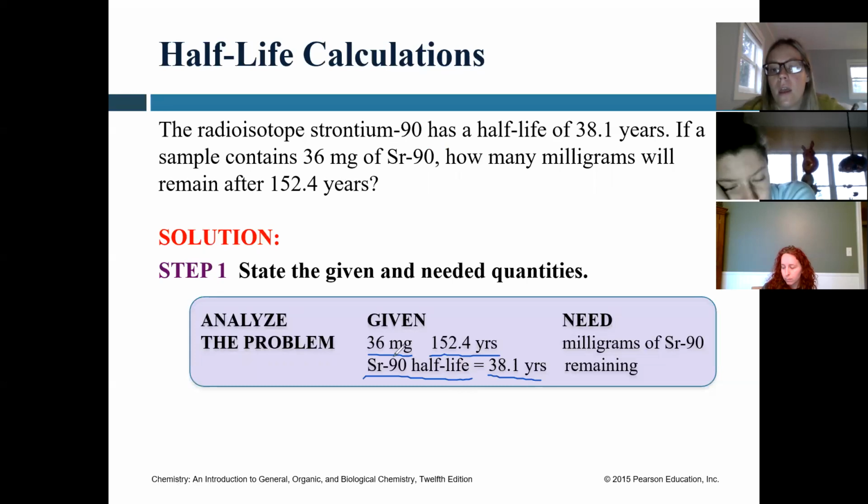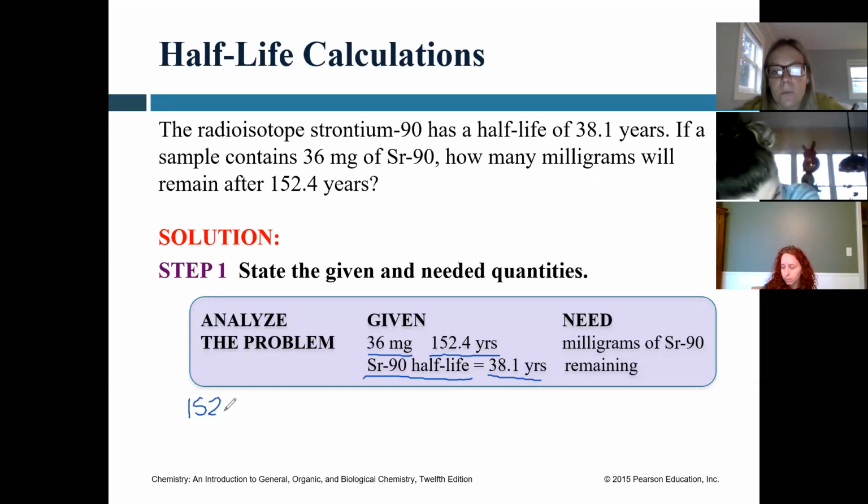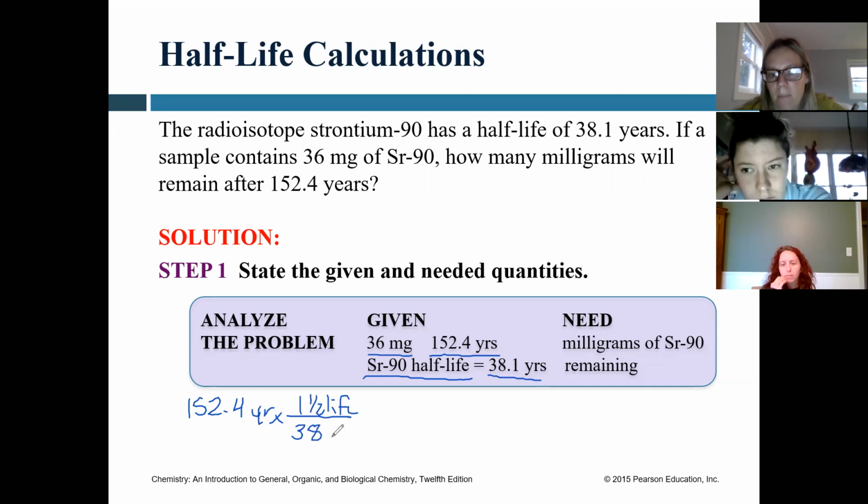So if I have 152.4 years in total, well, I know one half-life is 38.1 years. This is setting it up in dimensional analysis. Otherwise, you can just take the 152.4 and divide it by 38.1, because that's the total half-lives.